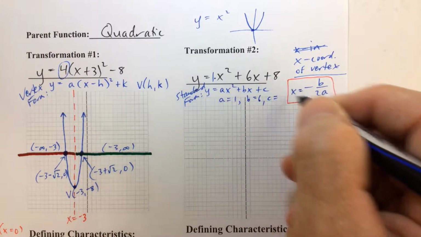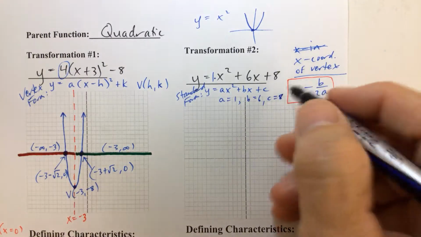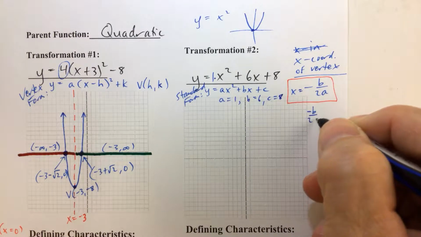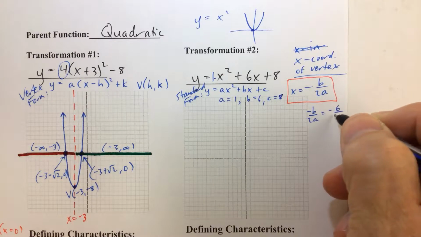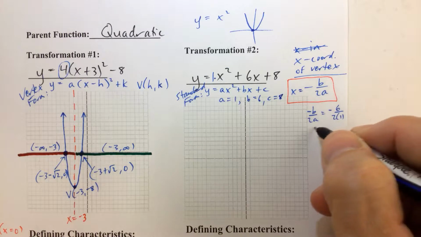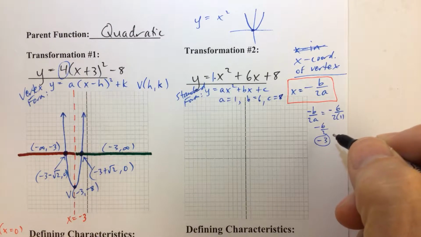And then the c, we don't really need the c for this, but just for example's sake here, c is equal to 8. And so negative b over 2a is equal to negative 6 over 2 times 1. We get negative 6 divided by 2, which is negative 3. So there's our x-coordinate of our vertex.